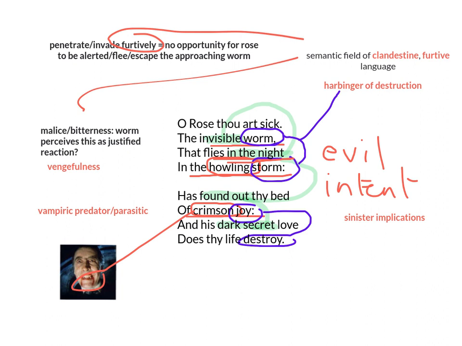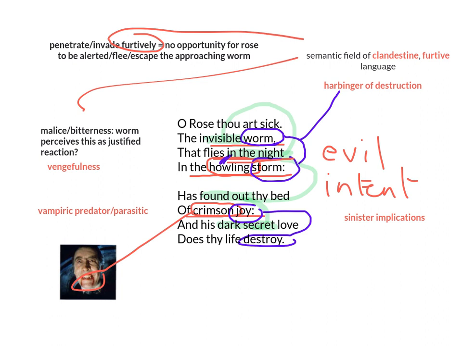Just building in some metrical stress analysis here as well from the previous slide. I'll write it on again here just to help, but you can refer back to that slide, of course. We have the meter landing on the assonant vowel sound in the first three letters, which means the first syllable of the word howling.